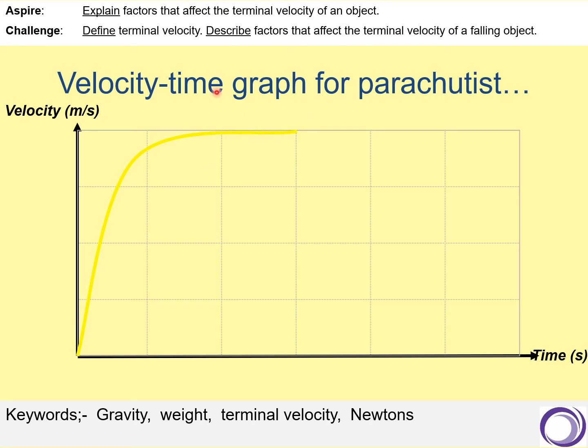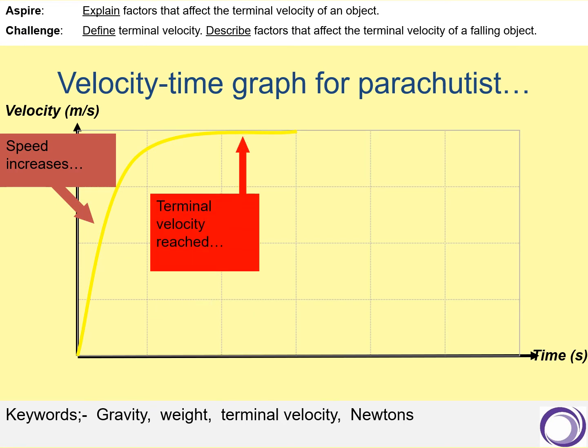So if I jump out of an aeroplane at about 30,000 feet, I will hit terminal velocity and fall at around 54 meters per second. If I jumped out of the airplane at 50,000 feet, same thing, I would probably hit the ground at around 54 meters per second because I hit my terminal velocity. So this first bit is speed increases, and then this bit here is called terminal velocity.